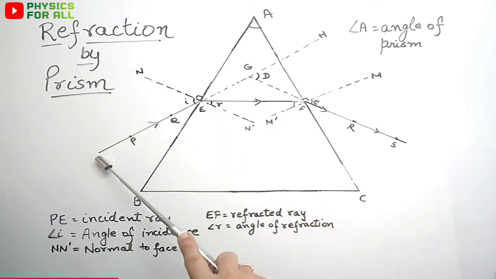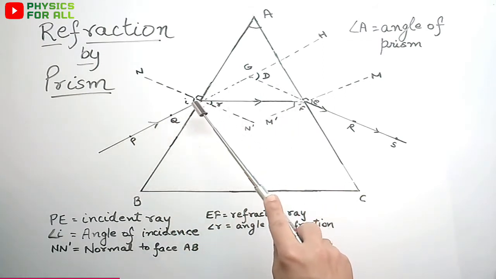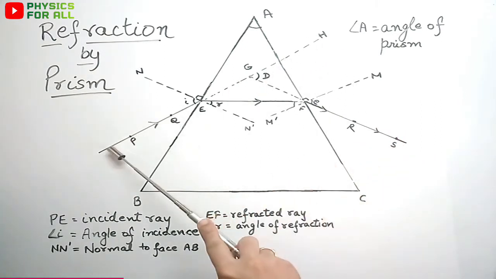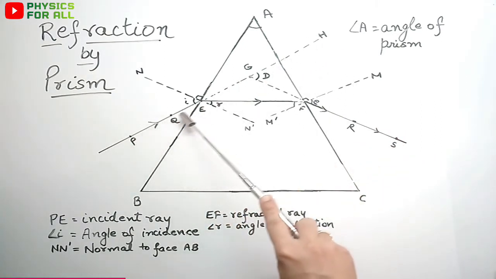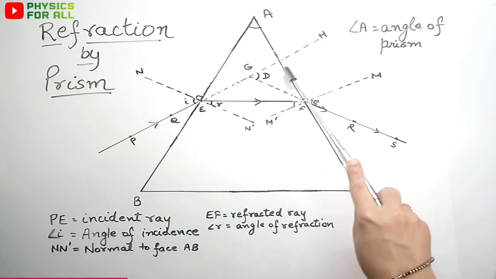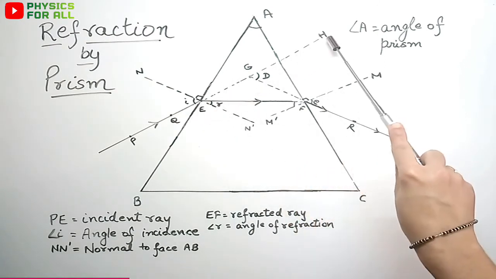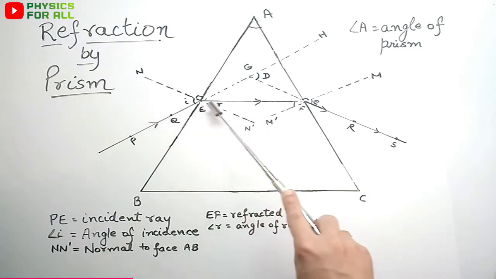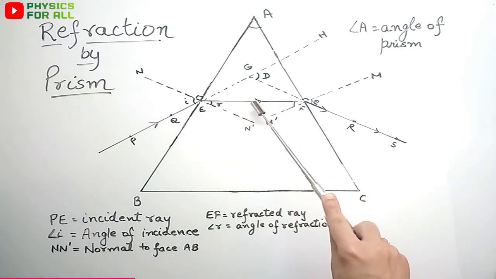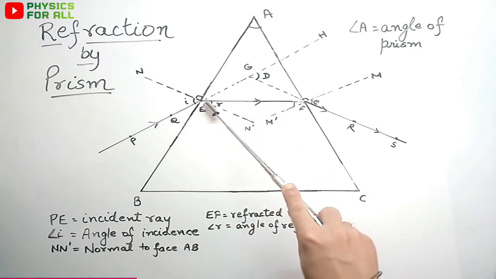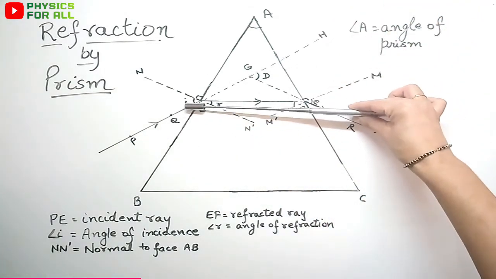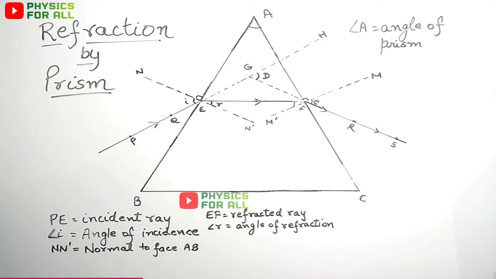Otherwise, if there had been no refraction, then the ray would have gone straight to H. If we just extend this ray, it goes up straight like this. But since it is experiencing refraction, it will not go straight. In fact, it will bend towards the normal.